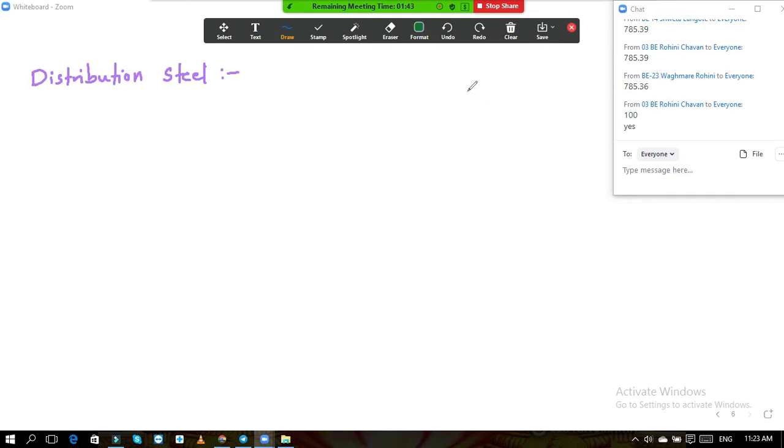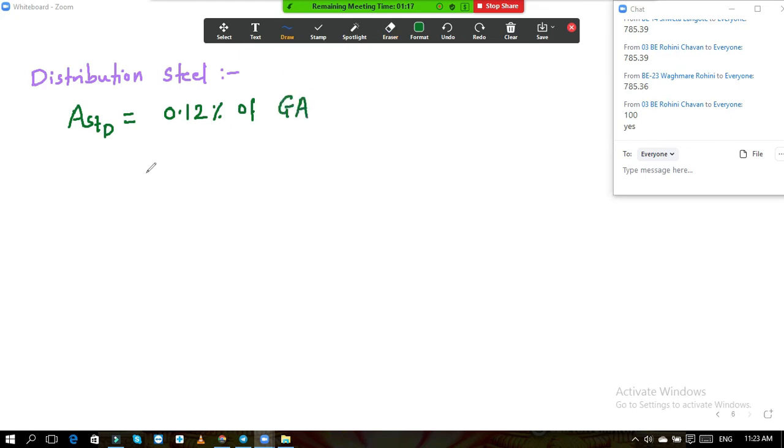Now what does the IS code say for distribution steel? If Tor steel is used, that is Fe415 or Fe500, then distribution steel must be 0.12% of gross area.